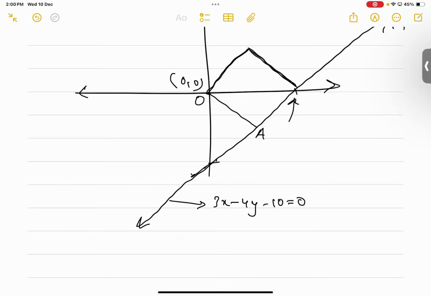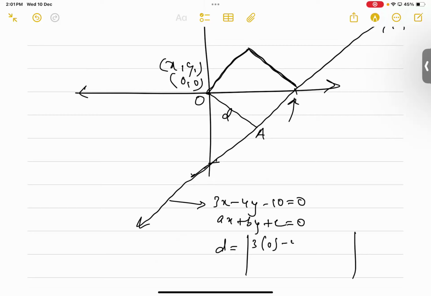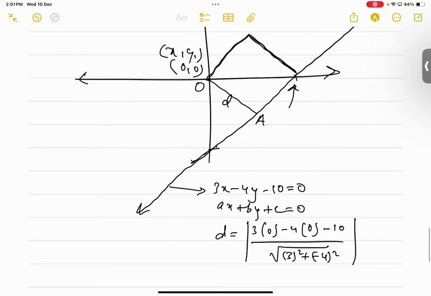Correct. So this is x1, y1, and this is ax plus by plus c is equal to 0. So distance d, which is the side of the square, is modulus of a x1, so a is 3, x1 is 0, minus 4 y1, 0, minus 10, upon root of a square plus b square, so 3 square plus minus 4 square.